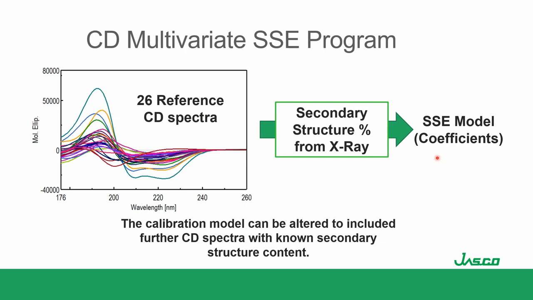Another nice thing about this method that I want to touch on is that for both of these software packages, they start with a generic reference database, but the calibration models can be altered to include further CD spectra or IR spectra if you supply them with the secondary structures of those known compounds.